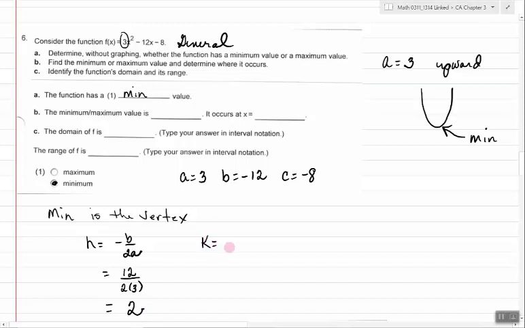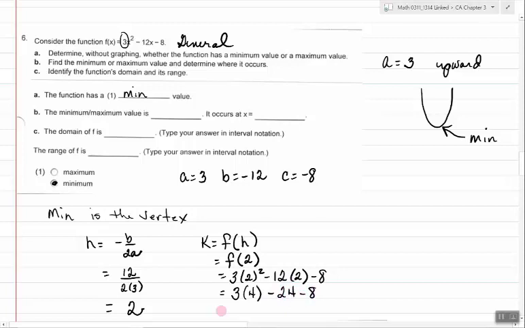k is f of h. That means it is f of 2. So it is 3 times 2 squared minus 12 times 2 minus 8. That's 3 times 4 minus 24 minus 8.